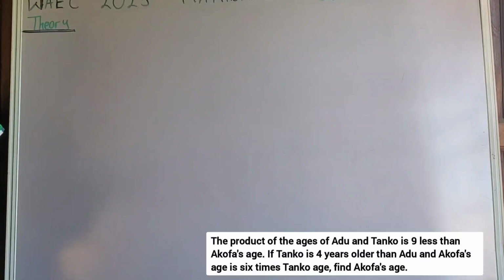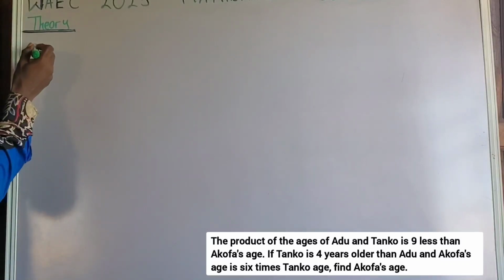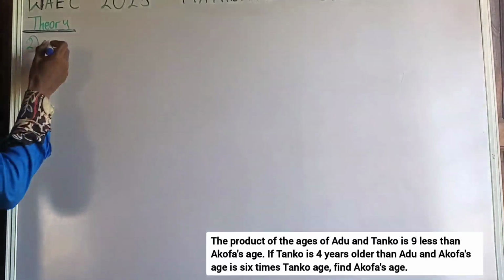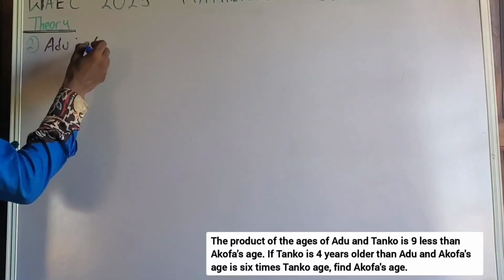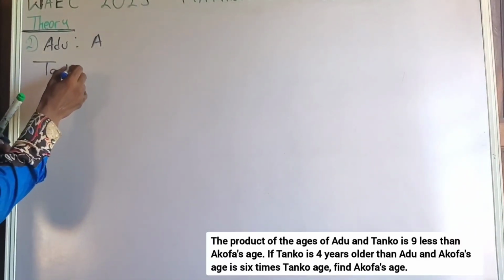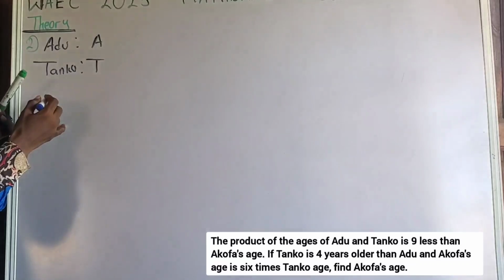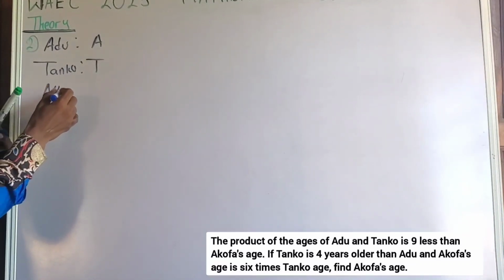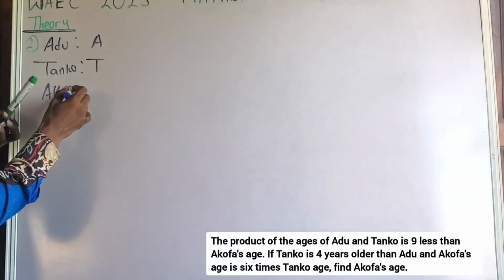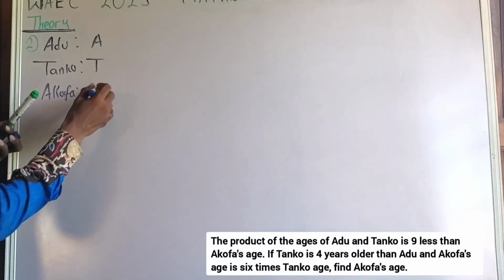So let's proceed. The product of the ages of Adu and Tanko is 9 less than Akofa's age. Let Adu's age be A, and let Tanko's age be T, and let Akofa's age be K. You understand?